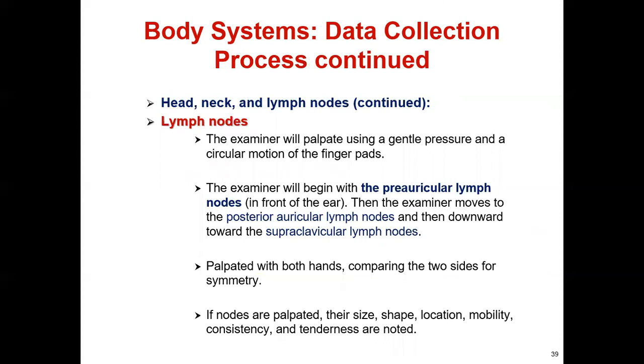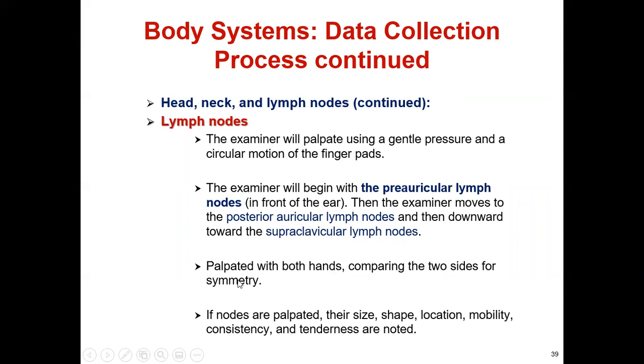Here, the examiner will palpate using gentle pressure and a circular motion with the finger pads. The examiner will begin with the pre-auricular lymph nodes first, then examine the posterior auricular lymph nodes, and then move downward to the supraclavicular lymph nodes. Palpate with both hands.